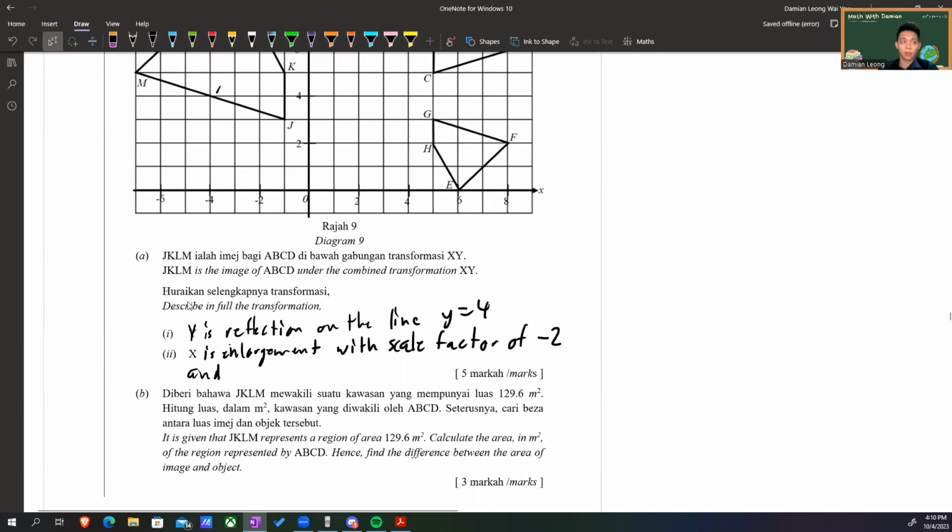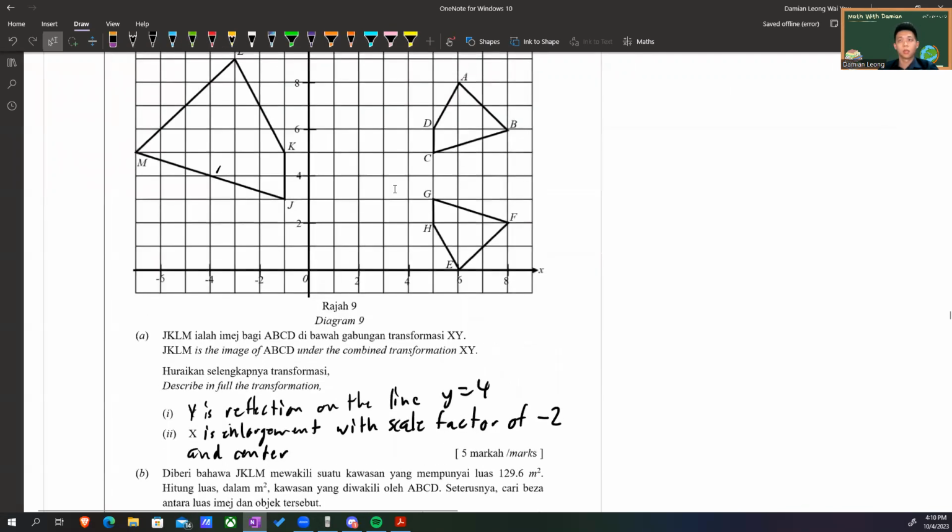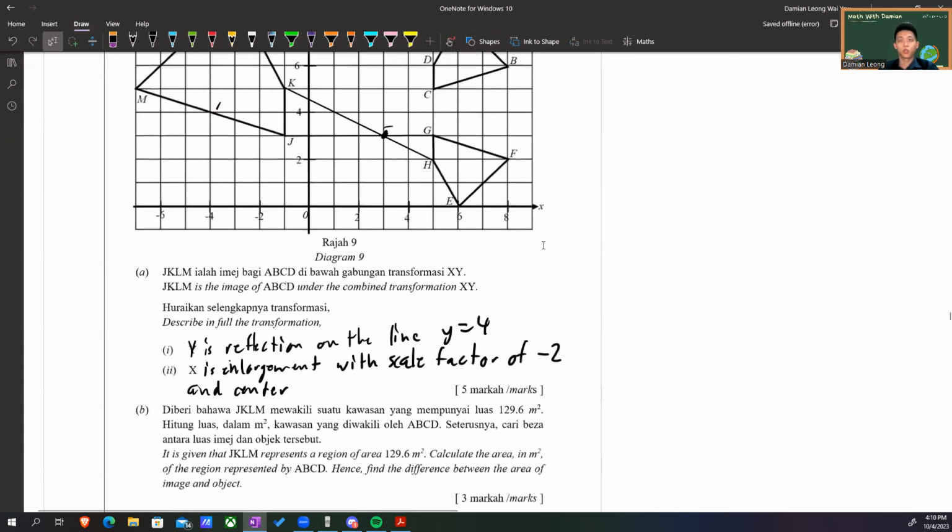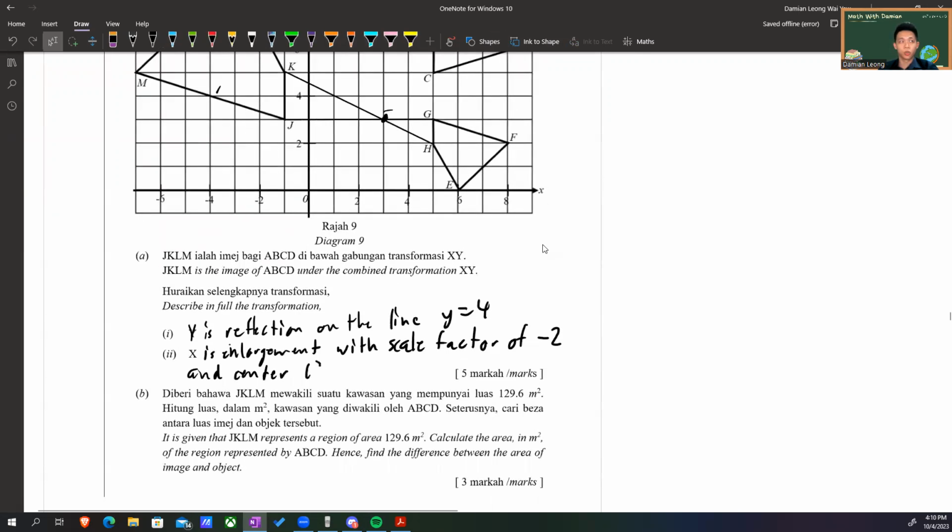And center of enlargement: how do we find it? Just connect the equivalent points using straight lines, and where they intersect is the center of the enlargement, which is here, (3, 3). These are the transformations.